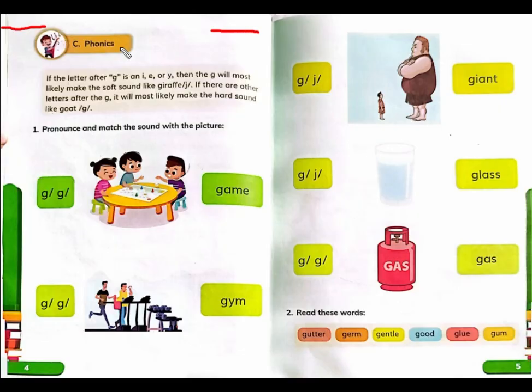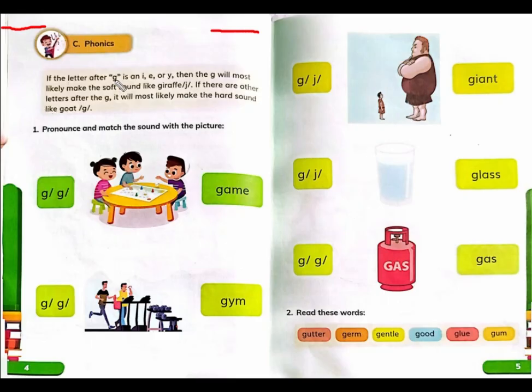Usually, G produces the sound of G, but there are certain conditions in which G changes its sound. Let us read what they are. If the letter after G is an I, E, or Y, then the G will most likely make the soft sound like in giraffe, J. Okay, students?